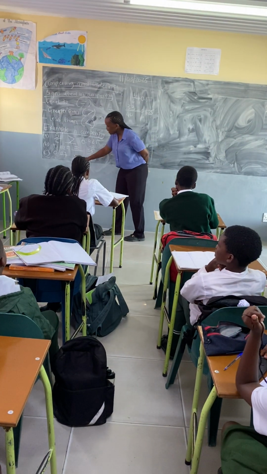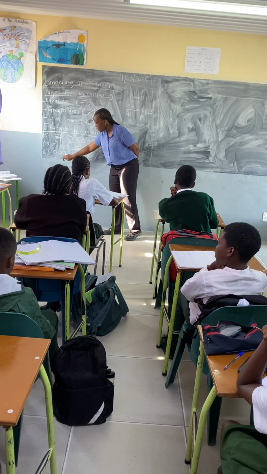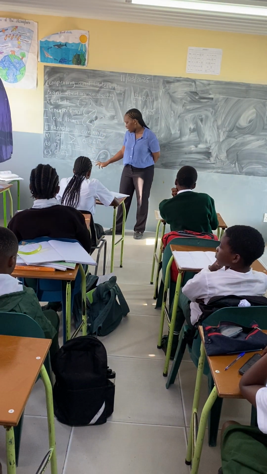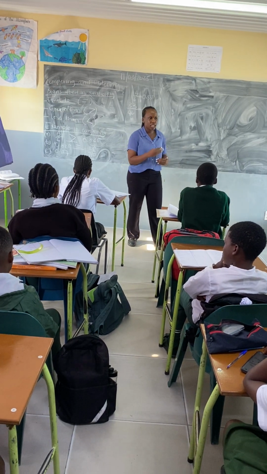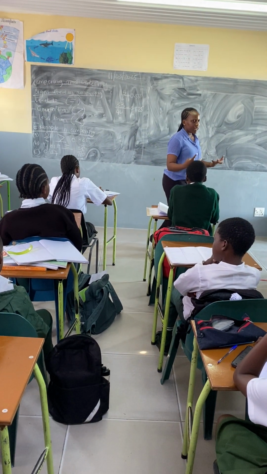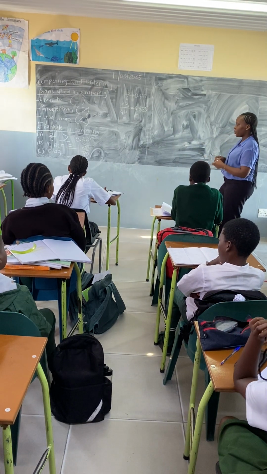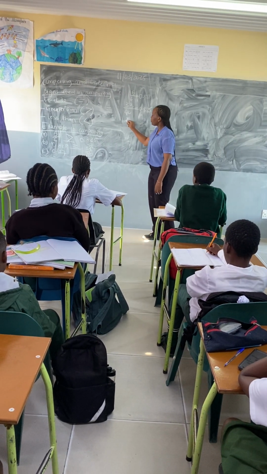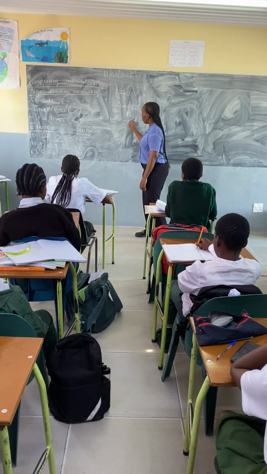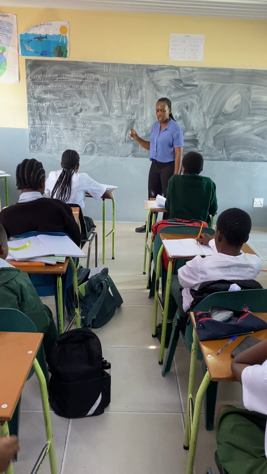You have 0.667, and then here you have 3 over 5. Again, you have to convert the fraction to a decimal. If you convert 3 over 5 to a decimal, what are you getting? 0.6 on the dot.